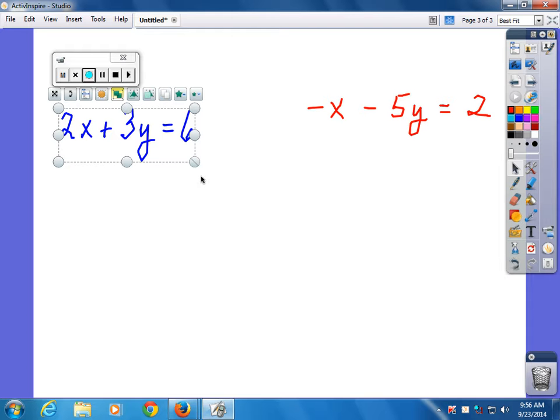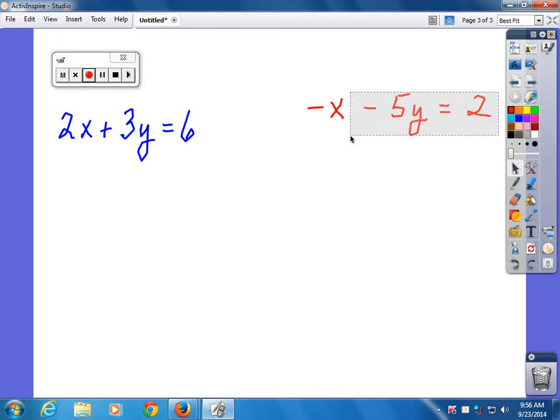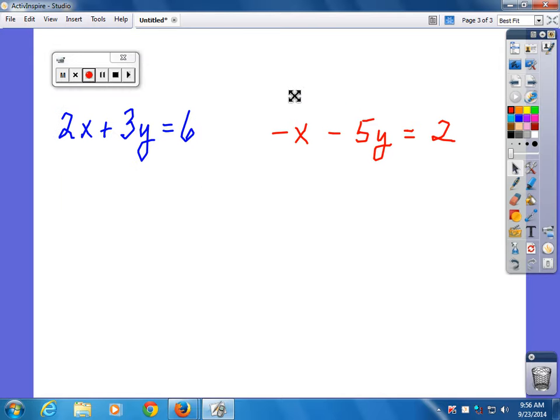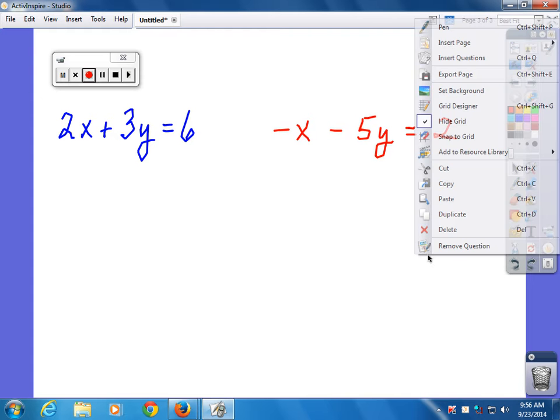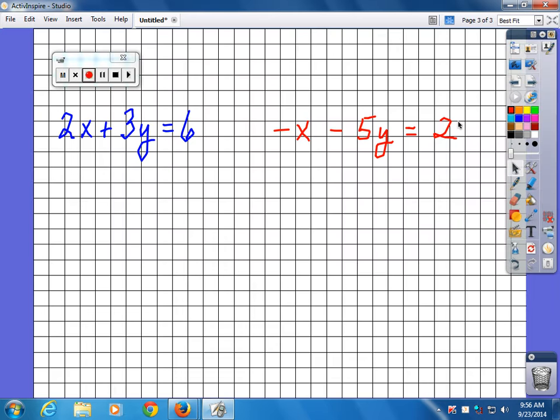There's no way you can get it by sketching, unless you're like a Rain Man or something. So let's turn on our graph and let's see.